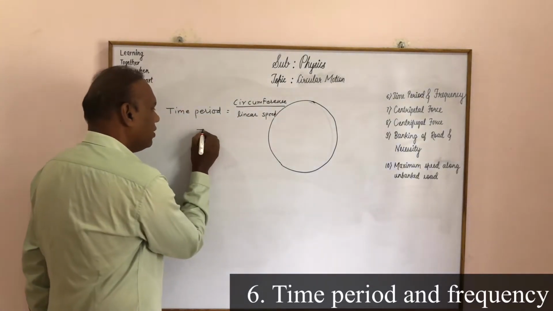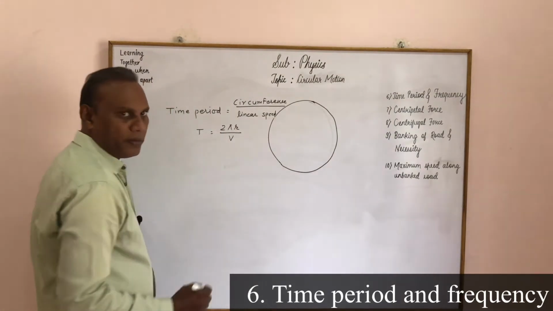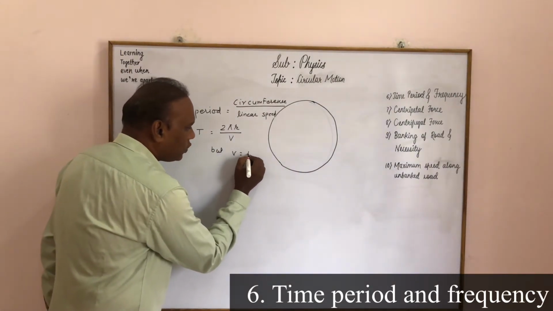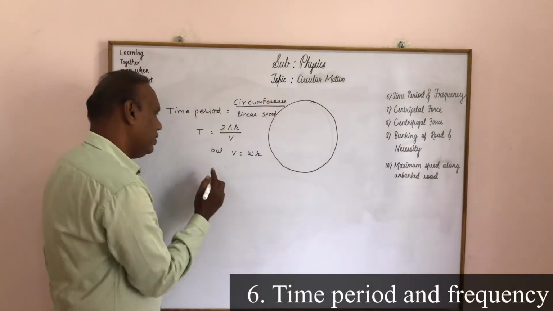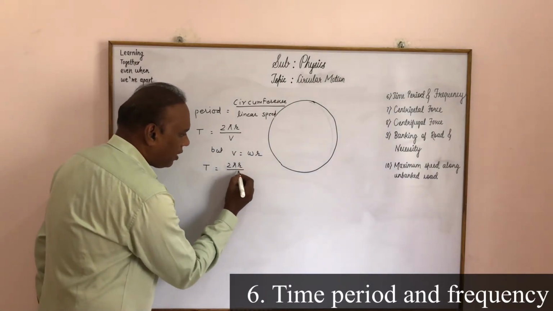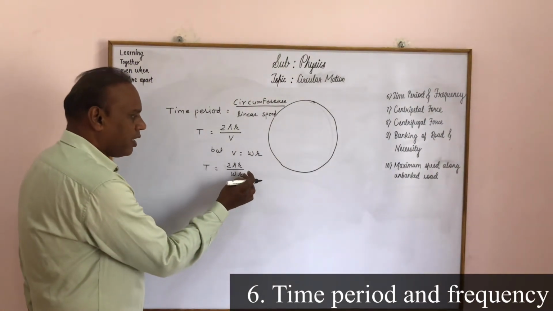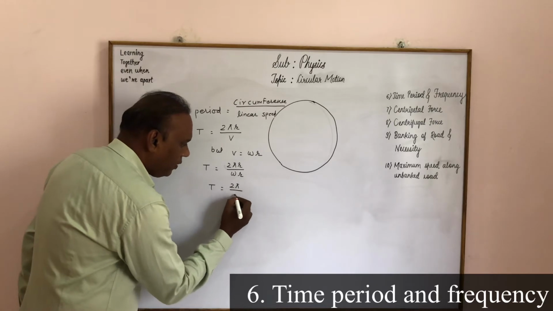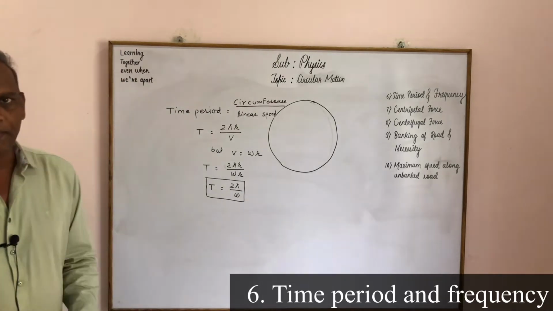In notation, T equals 2 pi r upon v, but v equals omega r. Substituting this value, we get T equals 2 pi r upon omega r. Here r and r cancel, so T equals 2 pi by omega. This is the relation for time period.